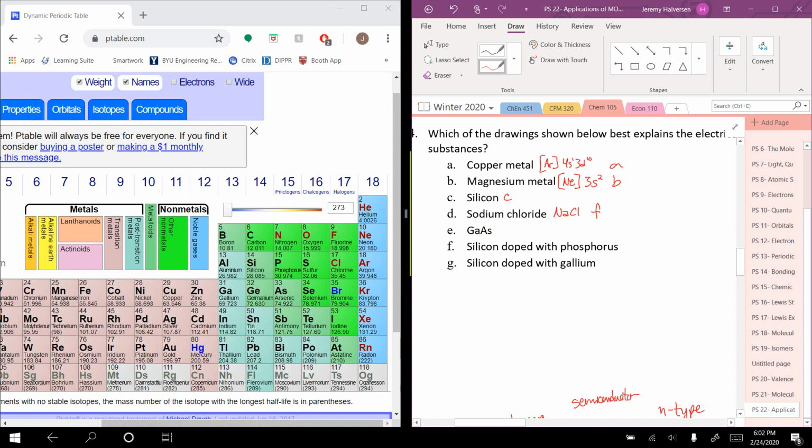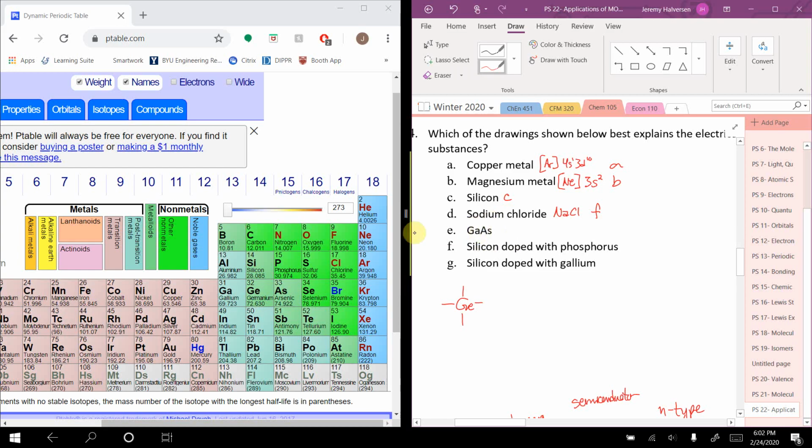Gallium arsenide. Okay, this is interesting. Silicon is a good semiconductor because it can form that nice tetrahedral lattice, right? Germanium can do the same thing. Each germanium atom has 4 valence electrons, and each silicon atom has 4 valence electrons. But we also have this thing called a compound semiconductor, and gallium arsenide is an example of that.